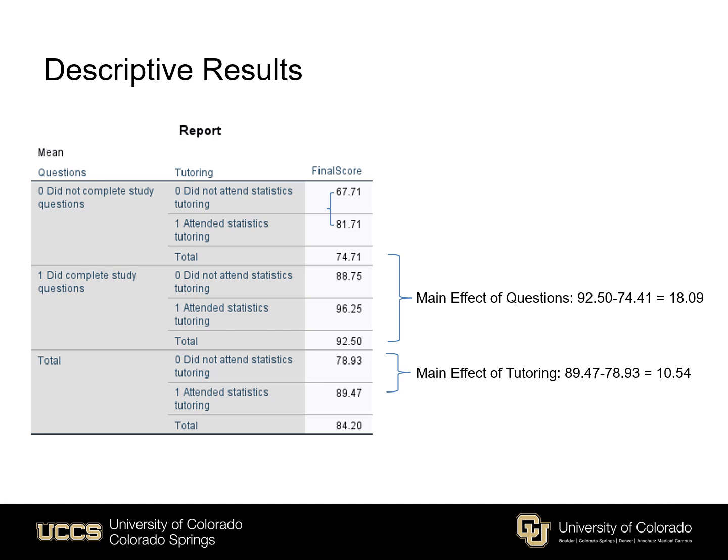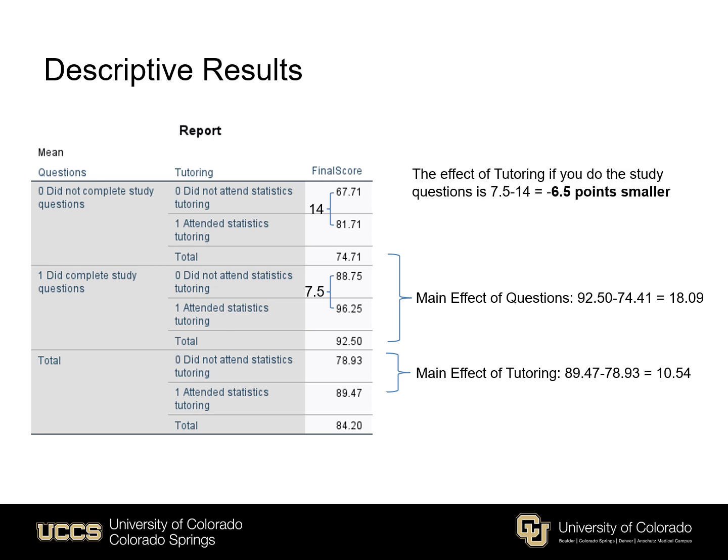For example, if we compare the effect of tutoring just within the group of students who did not complete the study questions, as indicated by this blue bracket, we see the effect of attending tutoring for the non-study question group to be about 14 points. And down here, we can see that the effect of tutoring for the students who did complete the study questions to be about 7.5 points.